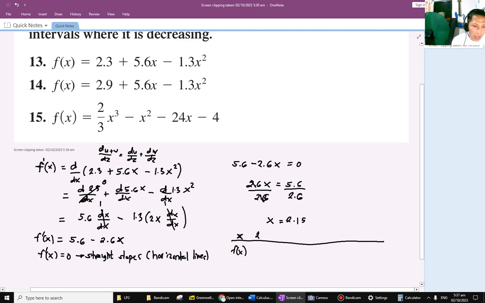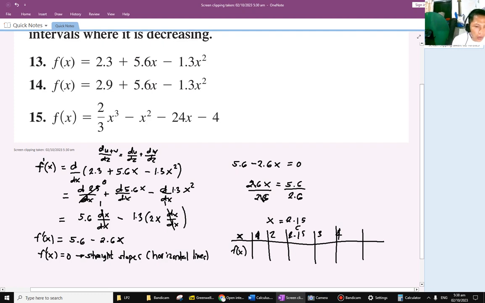I can start with 1, and then 2, and then you have your 2.15, and then your 3, and then your 4. I think those will already give you points to consider, because this is your critical number. You just put C here for the critical number 2.15.